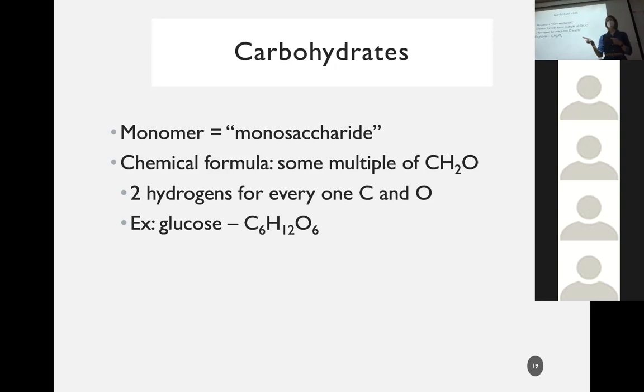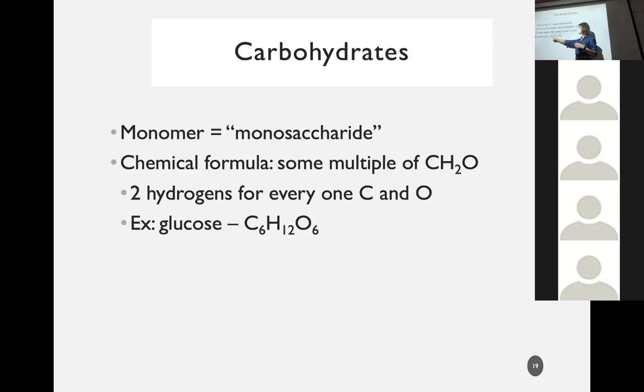Glucose is one of our main carbohydrates in our body and one of the most common carbohydrates on Earth. It is a monosaccharide, so it's just one little subunit. And its molecular formula is C6H12O6.